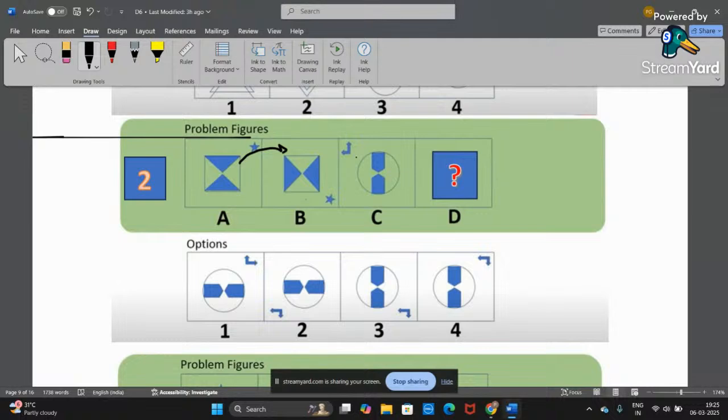In the same way, it should be tilted 90 degrees. So this will come at which place? It will come somewhere here, right? It will come somewhere here, 90 degrees. It's tilted. So it will be here.